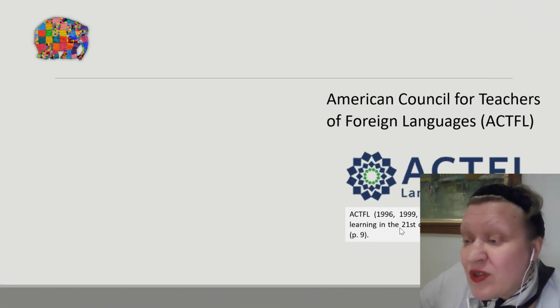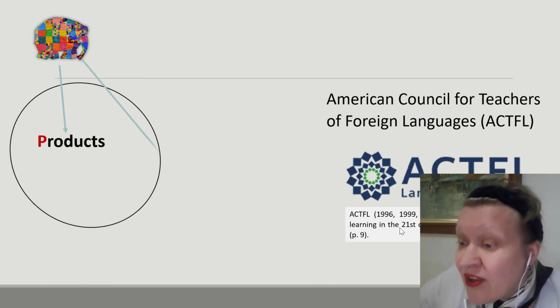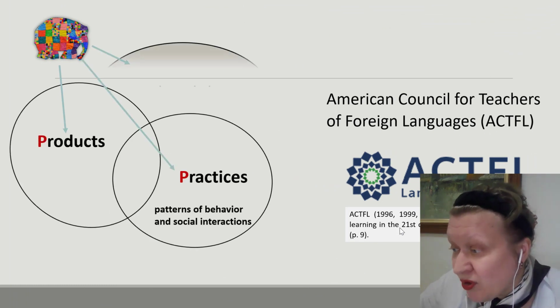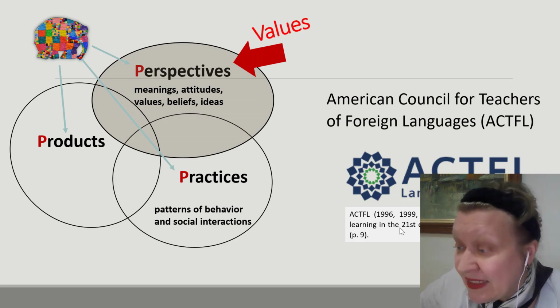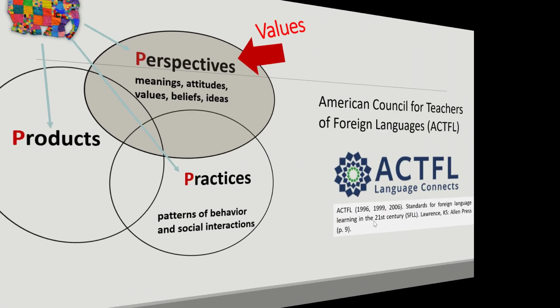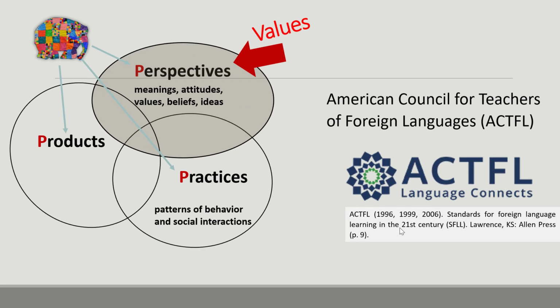For example, the famous PPP model suggests three cultural dimensions: products, practices, and perspectives, values. This model is the basis of the standards for foreign language learning in the 21st century, adopted since 1996 by the ACTFL, American Council for Teachers of Foreign Languages.